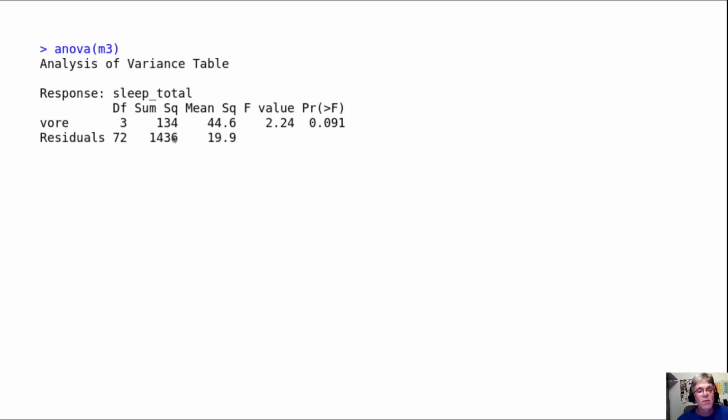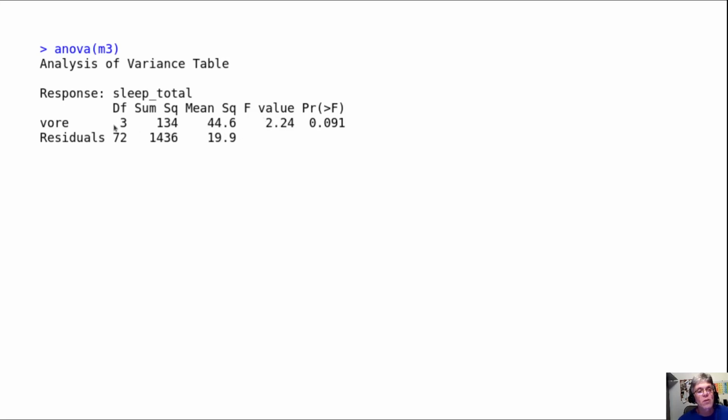We have the sum of squares, alluded to several slides before, the mean squares resulting from the ratio between the sum of squares and the degrees of freedom, and the F-value, the F0 statistic, corresponding to the ratio between this mean square 44.6 and 19.9. If the null hypothesis were true, we would consider this value to be very close to 1.